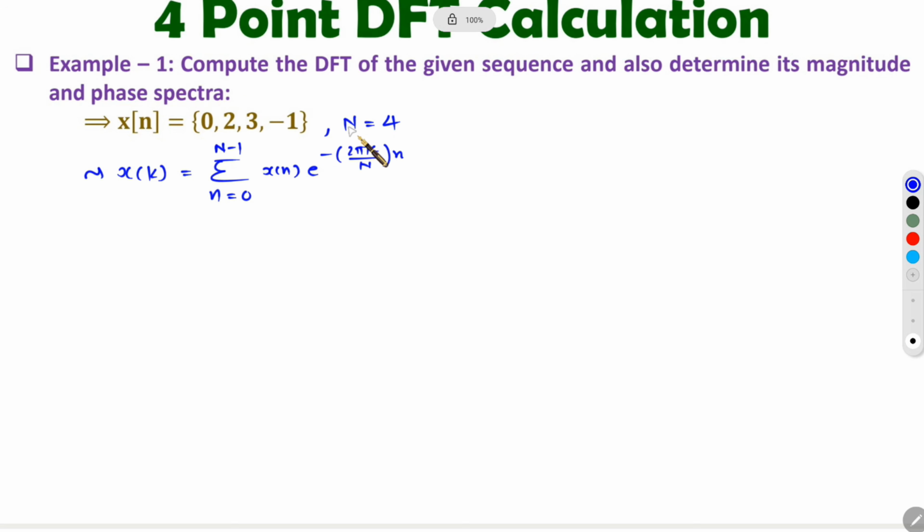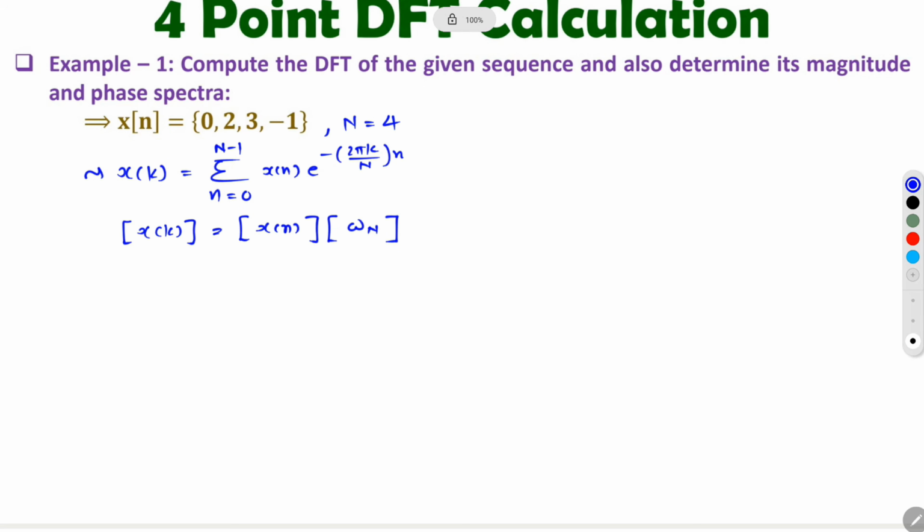Now to understand this calculation, I will not follow this equation. Instead of this I will use the method of matrix, where I will be identifying the matrix of DFT, that is, the matrix of x of k will be the matrix of x of n into the matrix of weightage factor Wn.